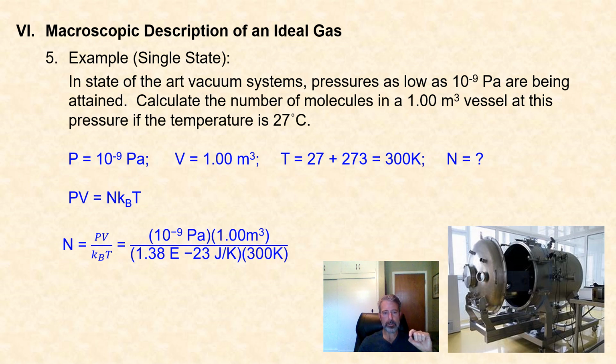They are MKS units. And we do the calculations here, and we find that our number of particles is 2.42 times 10 to the 11, which, if we want to convert that into moles, is 4 times 10 to the minus 13 moles.